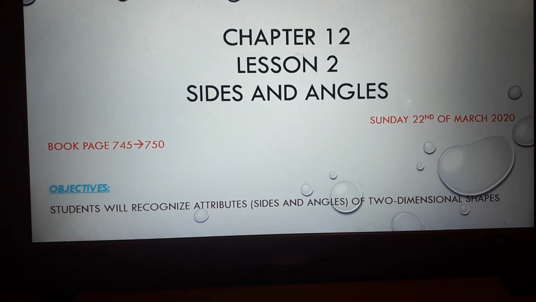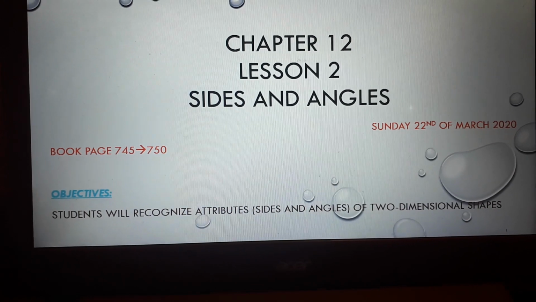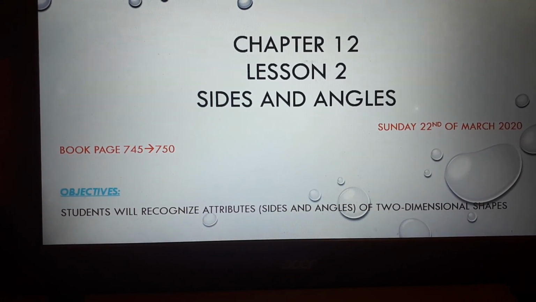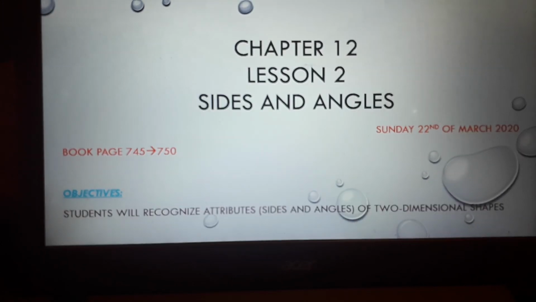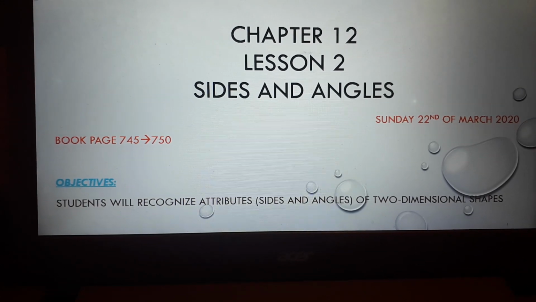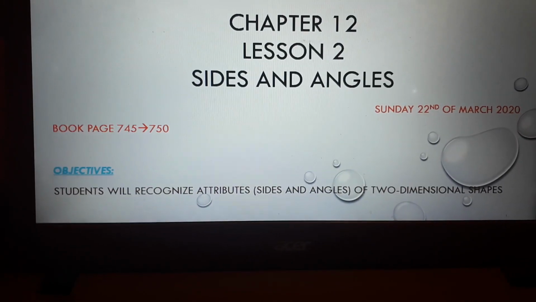We took it last week. Two-dimensional shapes are shapes that are flat. They have just length and height. Great job. Let's start our lesson today.